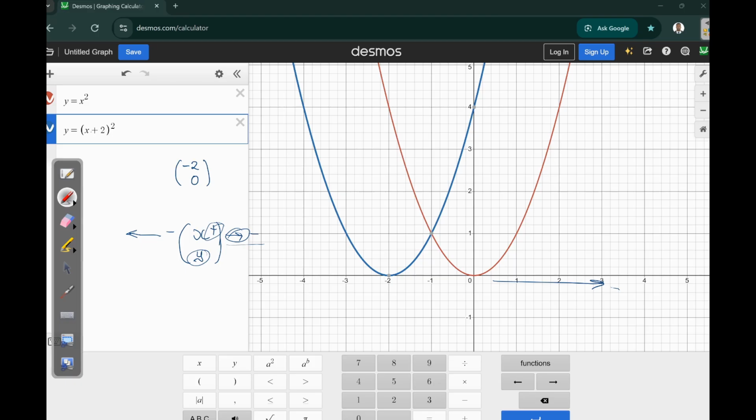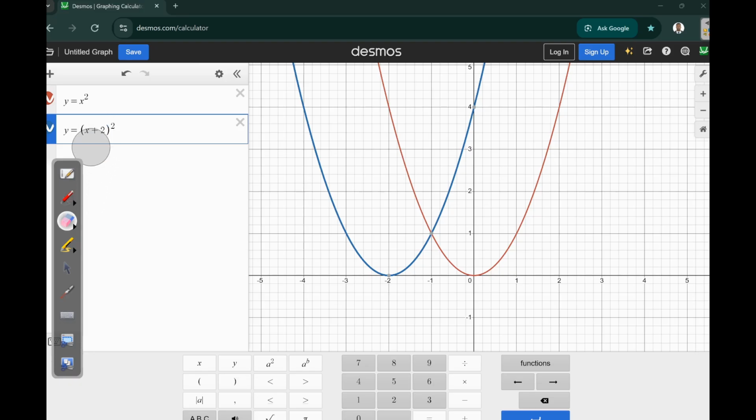So for the y here, y is vertical. When you move up, it is positive. You can see the numbers are positive. But when you move down, it is negative. Since we move to the left, it is (-2, 0). But inside here, it's a plus 2.